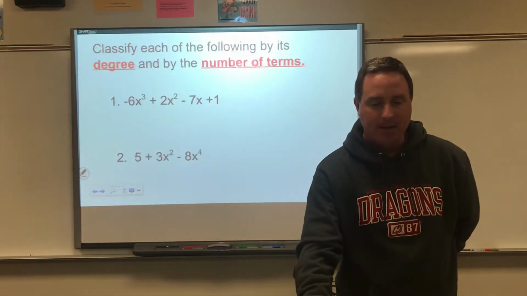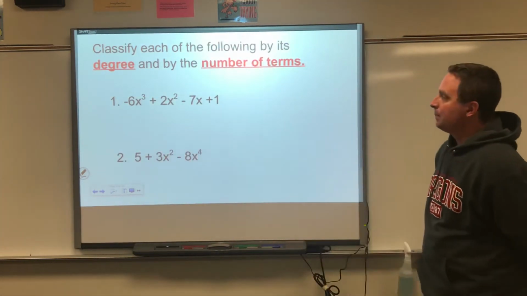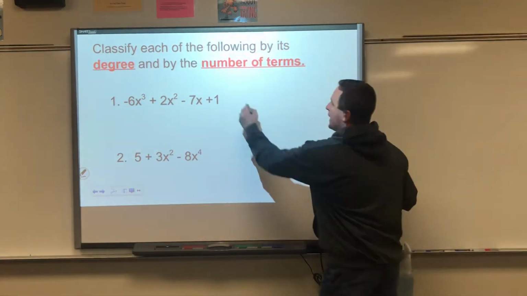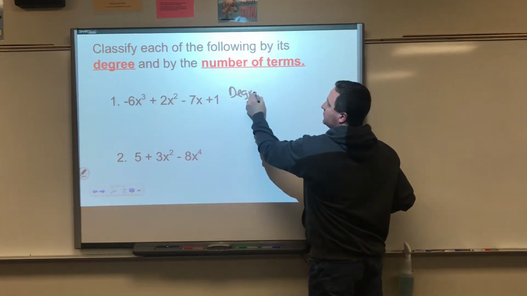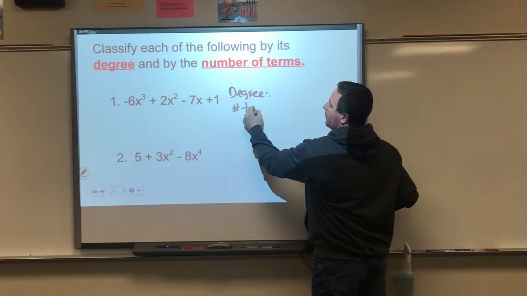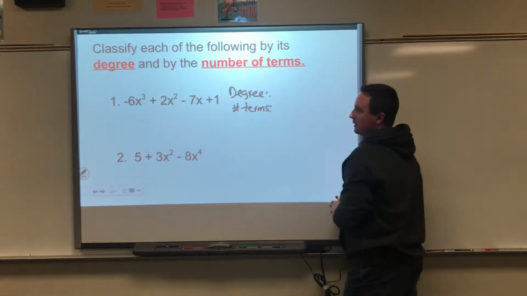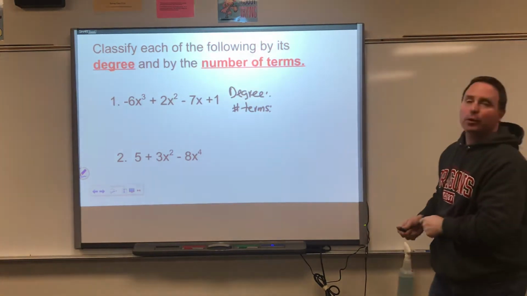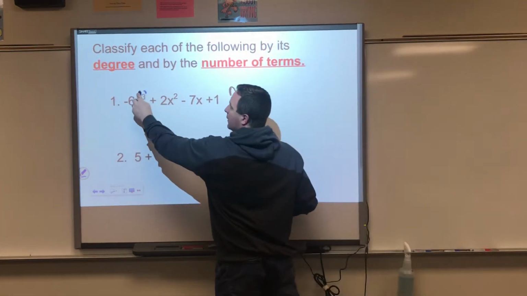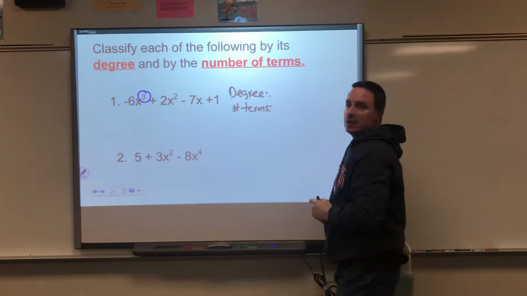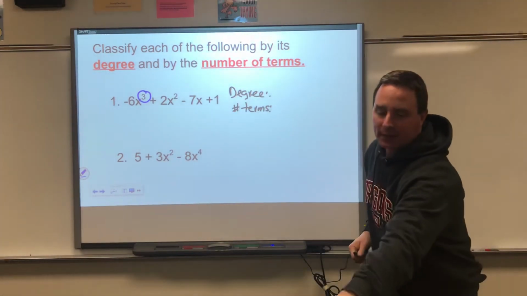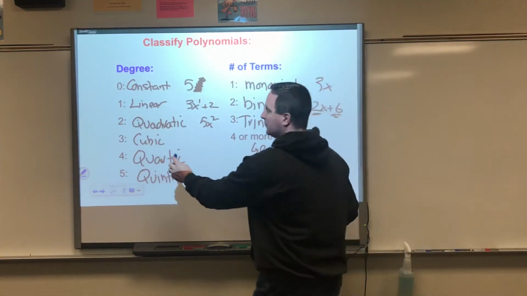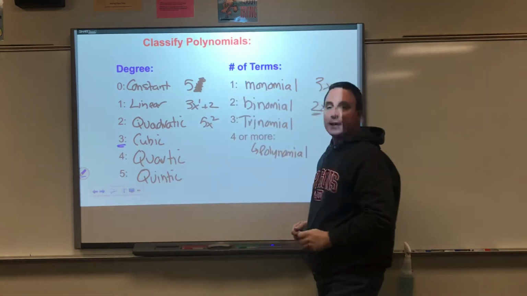Here are 2 of them. If I wanted to classify this by its degree and the number of terms that it has, I look carefully at that first expression. What's the largest power we see in all of them? It's a 3. And the third power, if I go back here a second, is called a cubic.